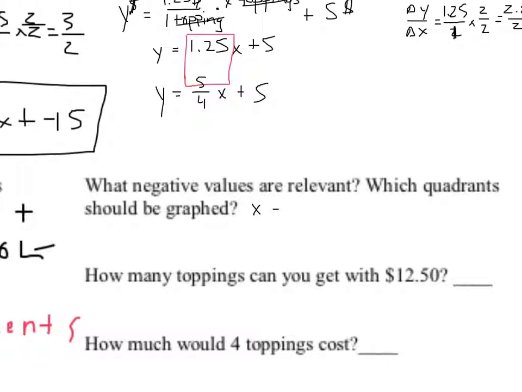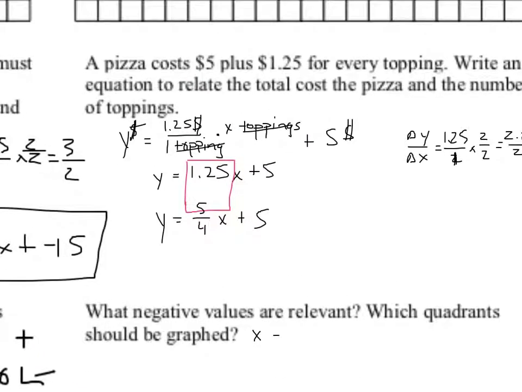Isaiah? Come back over and look at it. Look over at your work. Should be toppings. Is it relevant to have negative toppings? X is toppings. No, that's not relevant.